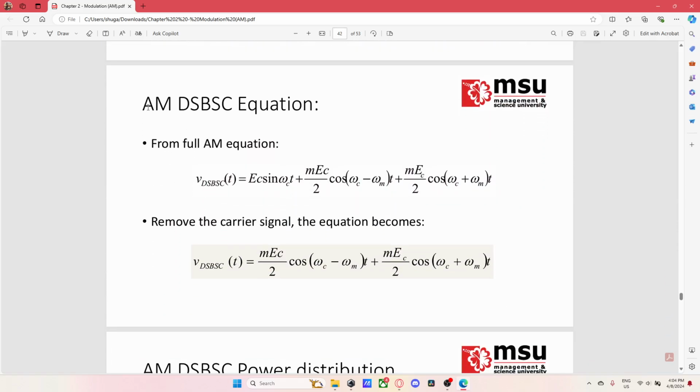So for AM DSBSC, from the full AM equation, this is the full equation. If you still remember, it includes the carrier, the lower sideband, and the upper sideband. But when we remove the carrier signal, the equation becomes like this. You only remove the EC sine omega CT, and we are left with these two terms for the lower sideband and upper sideband.